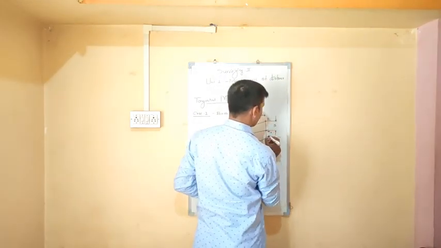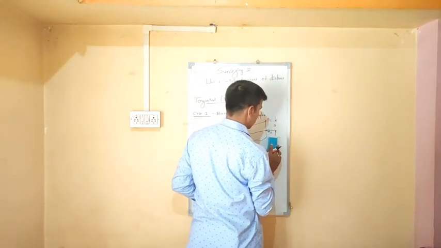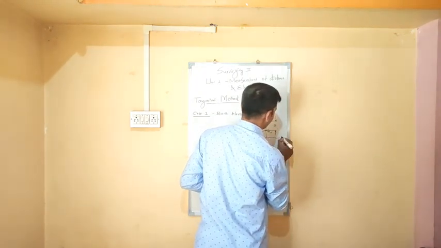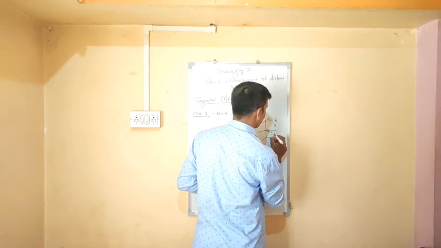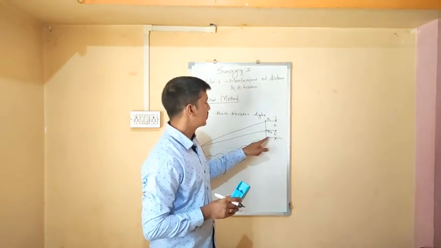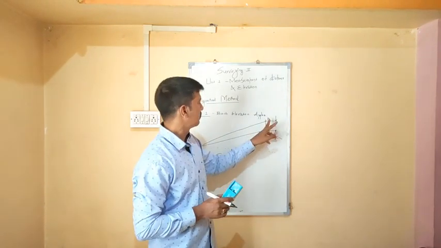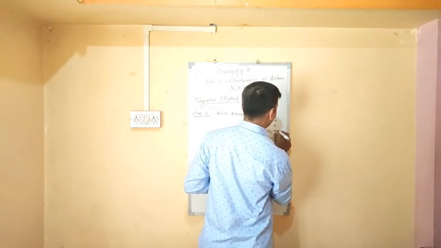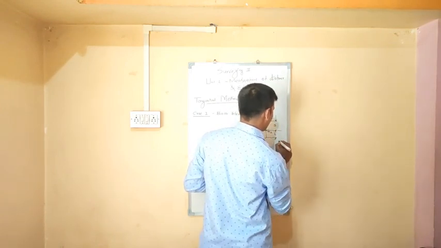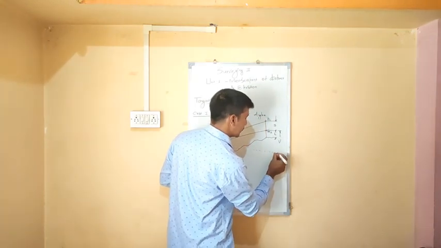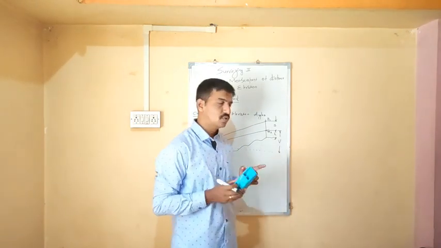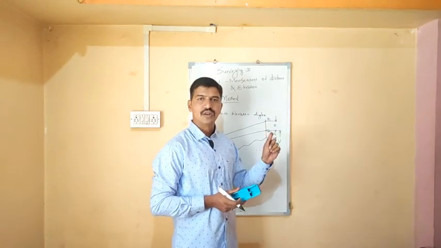From B2, the distance from B2 to the ground, say this is the ground level, this distance is H. Students, from the bottom target to the ground, that distance is H. From B1 to B2, the distance is S, and from B2 to the instrument axis, this is V. Students, please carefully note down the notations for the tangential hair method.